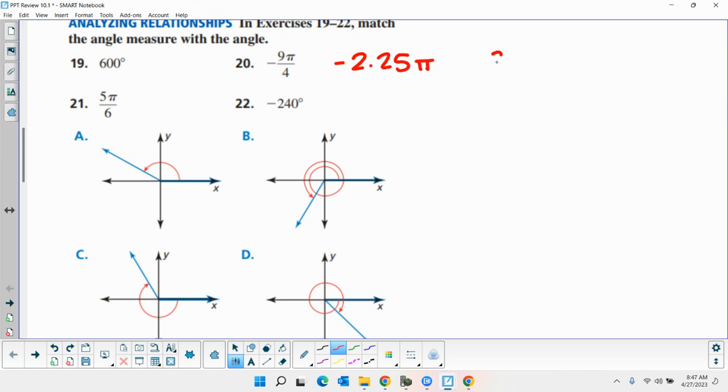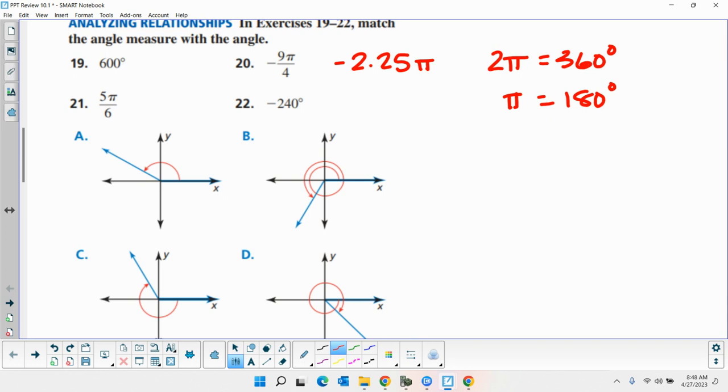And what did we say 2 pi was yesterday? 360. Remember? 2 pi is 360, and pi was 180. That's why we can use the 180 over pi and the pi over 180 to do our conversions. So this is negative, so it's negative direction, and it went past 360. So D goes with that one.